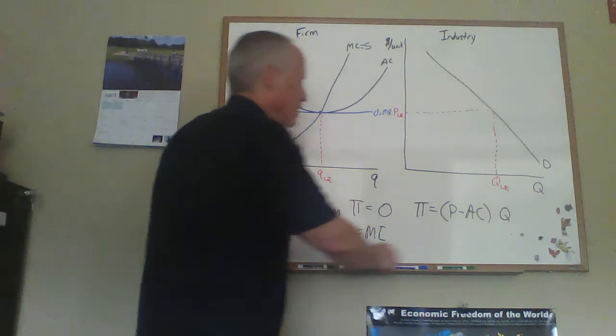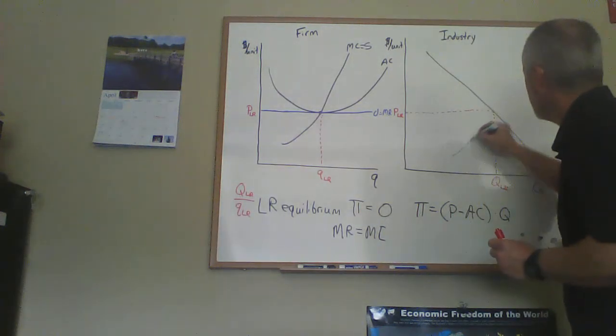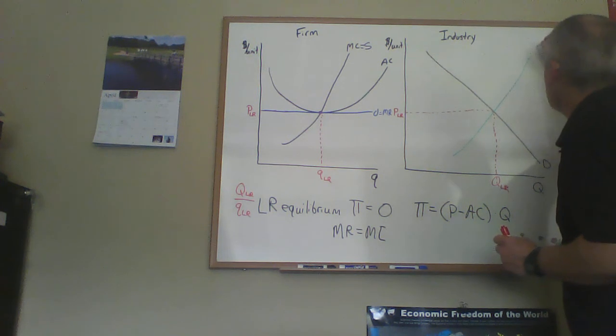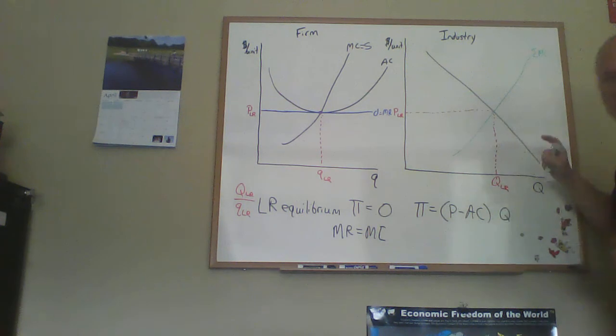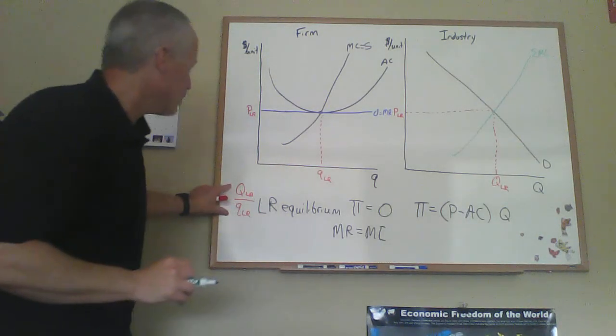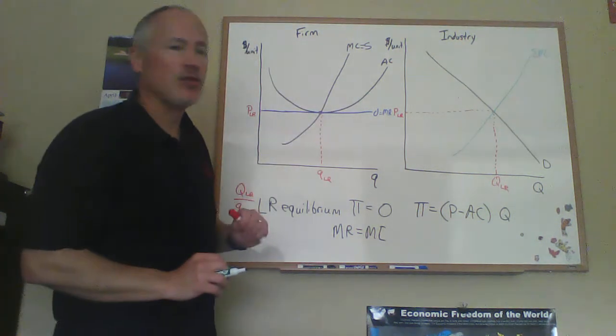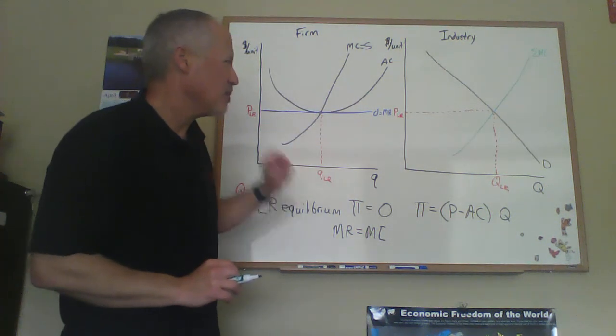But I will draw that in here. I drew that in there for this right number of firms. This would be the summation of the marginal cost curves for that right number of firms.